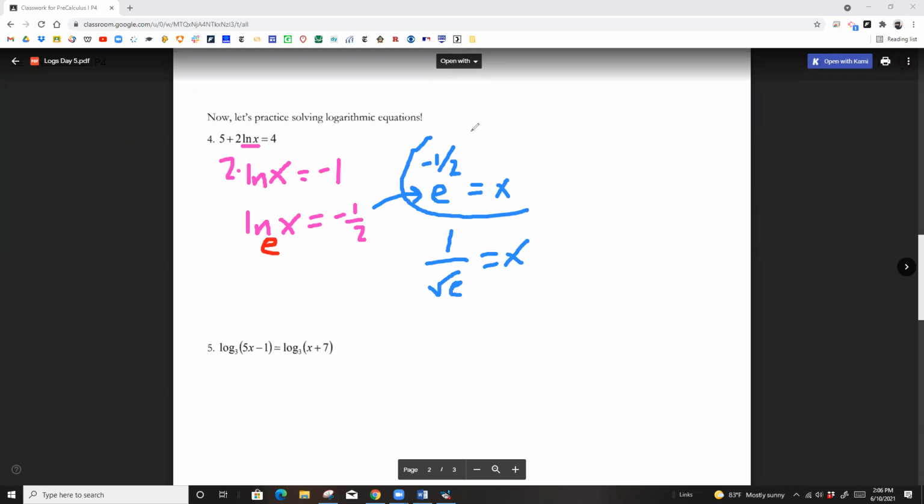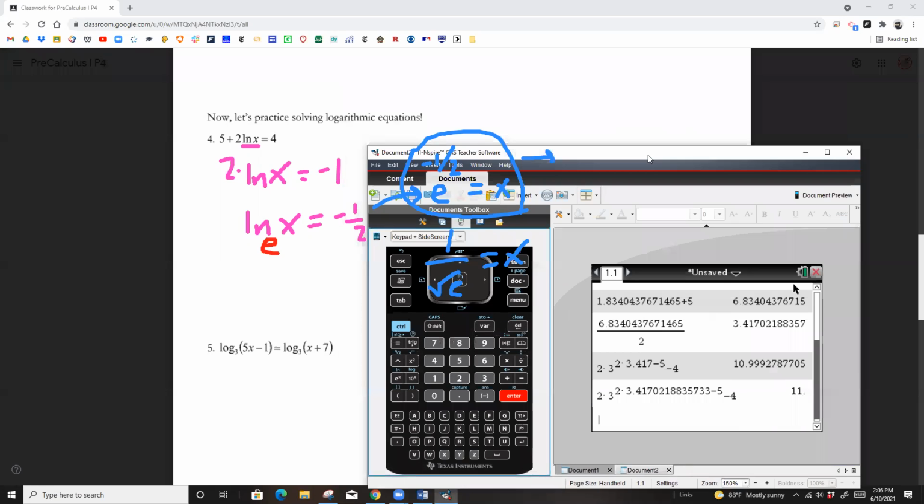You can either just leave it like this, or if it said to approximate your decimal, then you would type that in your calculator, type E. So make sure you don't hit E down here, because that just means the letter E, like Edward. But this E here is the mathematical constant.